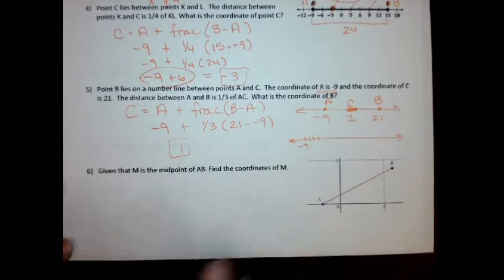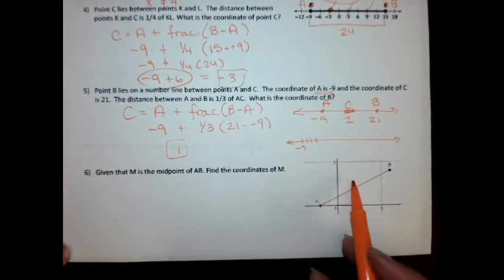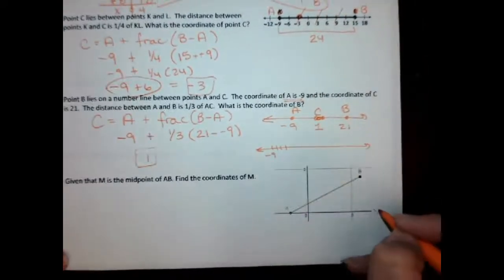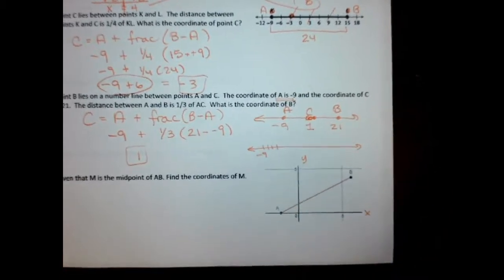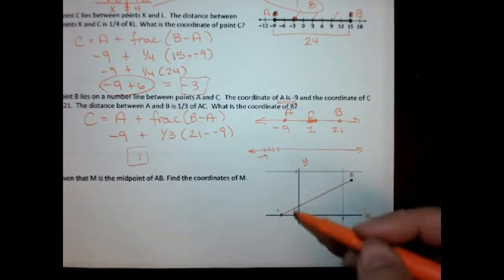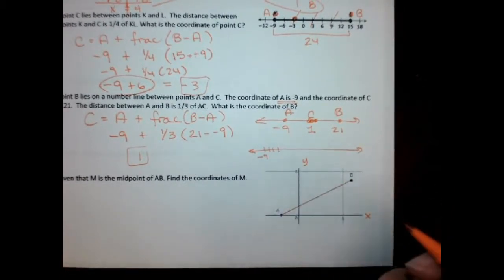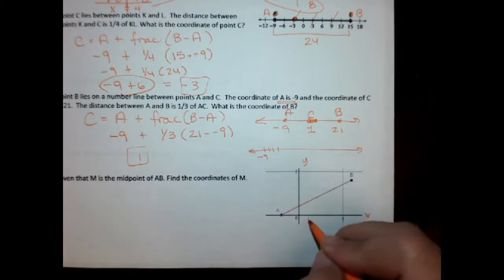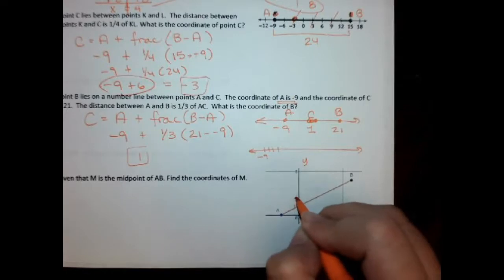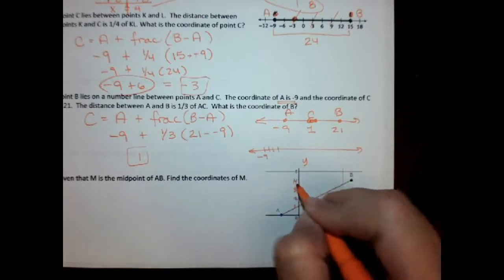Alright, now I've got a picture here and I'm going to find the midpoint. I've noticed that a couple of people are still not really good at this. If this is the x-axis and this is the y-axis, sometimes they don't label every single point. So if they don't label every single one, you can always go in there and put the extra numbers in there, if that helps you.